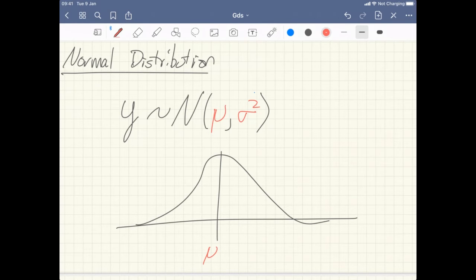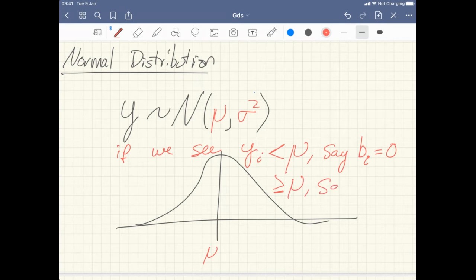And I could say, if we observe yi less than mu, say, I don't know, a binary outcome, I is equal to 0. And if we observe yi greater than or equal to mu, say binary I is equal to 1.